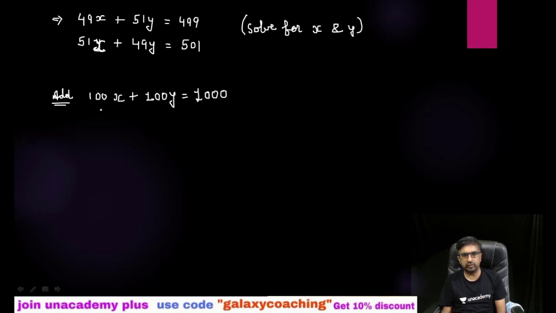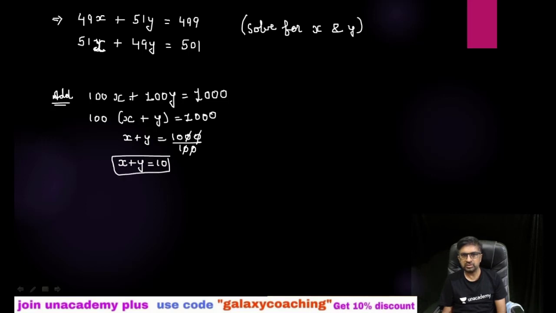Now if you take 100 common, you will get x plus y is equal to 1000 by 100. These will get cancelled and you will get x plus y is equal to 10.